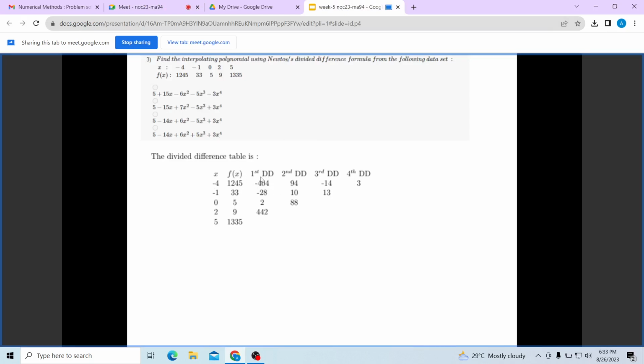So the first element you'll get from these 2 points. Then second, minus 28. How will you get it? 5 minus 33 divided by 0 minus minus 1. You'll get minus 28. Similarly, how will you get 2? 9 minus 5 divided by 2 minus 0.